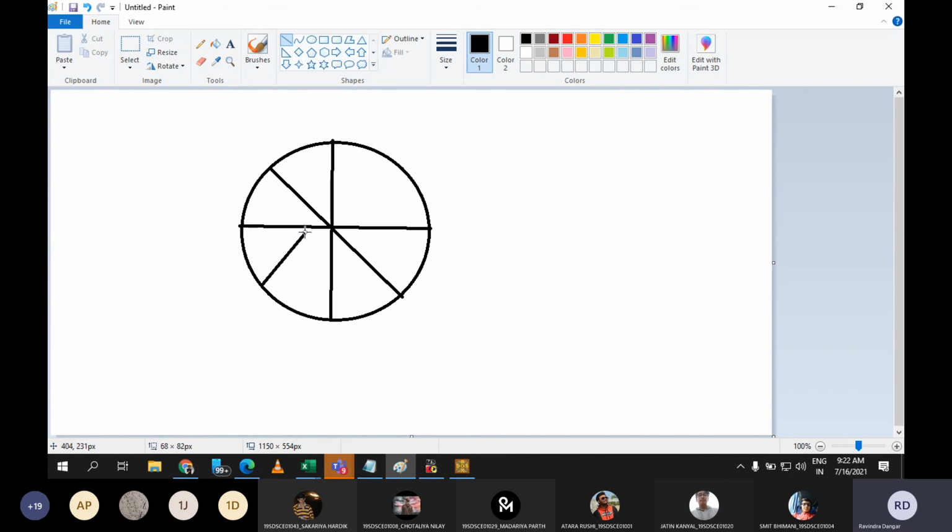And we will try to rotate each line within the circle boundary itself, so that it seems that this wheel is moving, this circle is moving. What we will do, we will rotate each line inside this circle, and at the same time this circle will also move from its position to another position. So it's a kind of moving wheel. This is what we are going to do in the upcoming sessions.